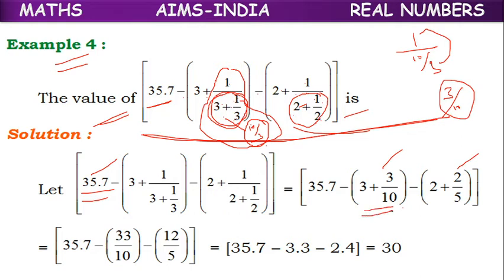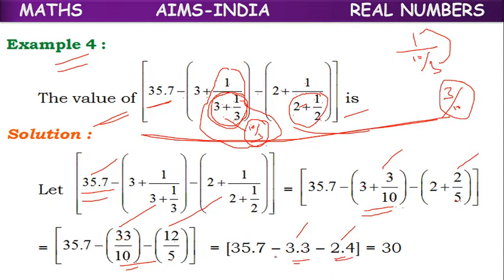Next, still simplification. 3 times 10 is 30 plus 3, 33 by 10. 2 times 5 is 10 plus 2, 12 by 5. If we divide 33 by 10, after one digit we keep a point, 3.3. 12 by 5, if we divide, we will get 2.4.